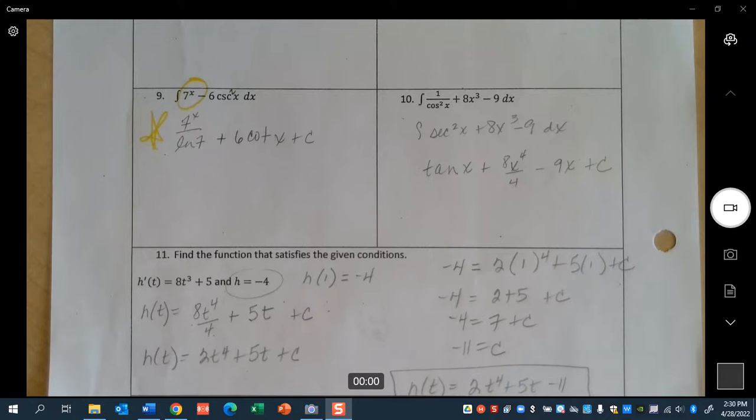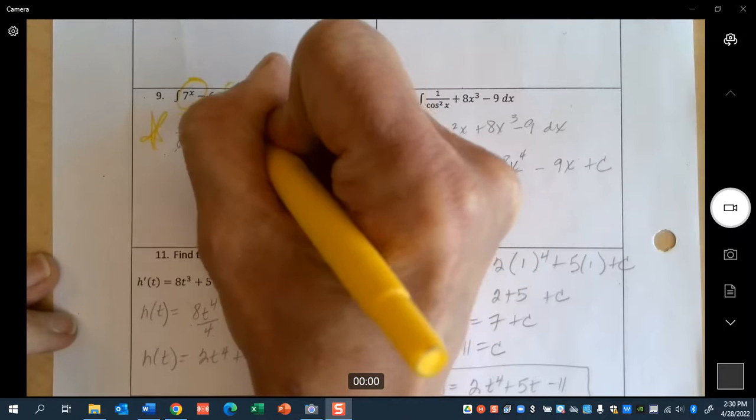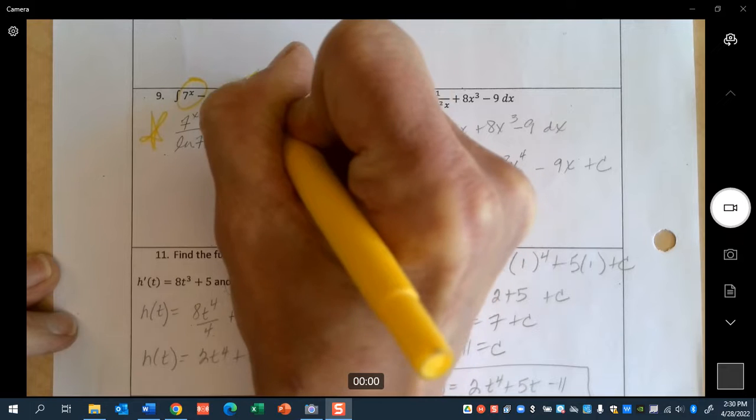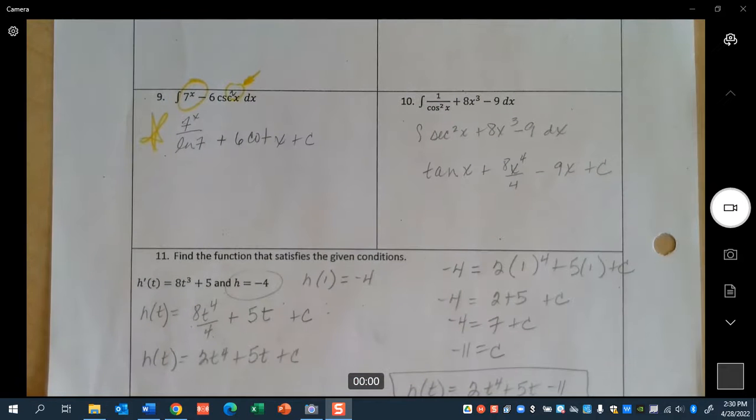For number 9, wouldn't the antiderivative of cosecant be cosine and not cos? That is not your fault, because Miss Holdaway came and told me today she meant to have a squared there and forgot. With the squared there, cosecant squared gives you cotangent.